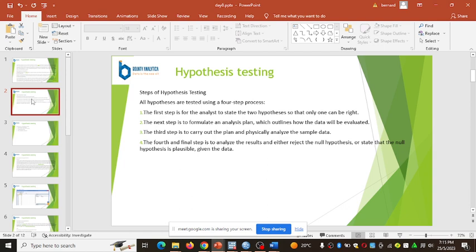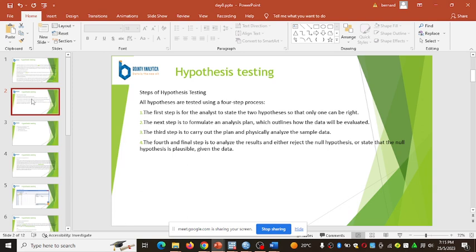The first step is that the analyst will state the 2 hypotheses, that is null and alternative, so that only one can be right and the other can be wrong. The second step is to formulate the analysis plan, which outlines how the data will be evaluated.